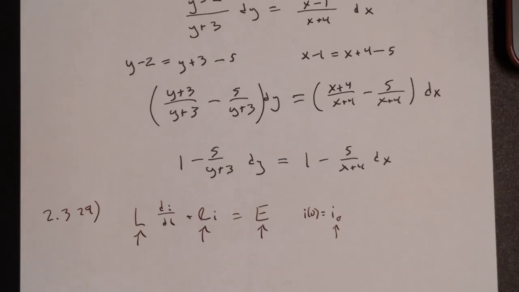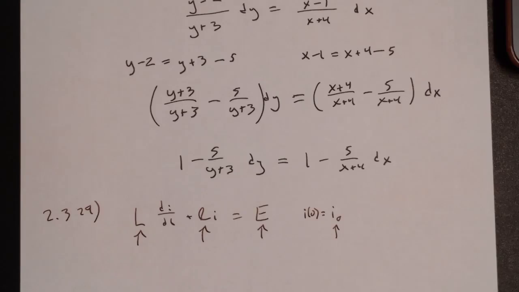Now, if you wanted to, you could just plug in some numbers here and then try and undo that when you were done. I think that's more trouble than it's worth. L is the number next to my derivative. This is the section on linear equations, so I should be using an integrating factor routine, which means it needs to be in standard form, which means I need the derivative all alone, right?